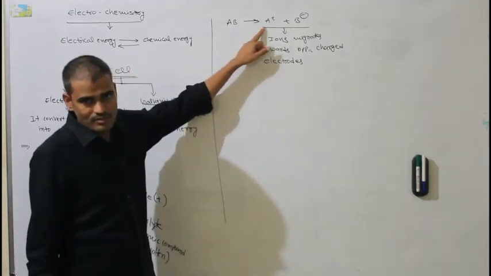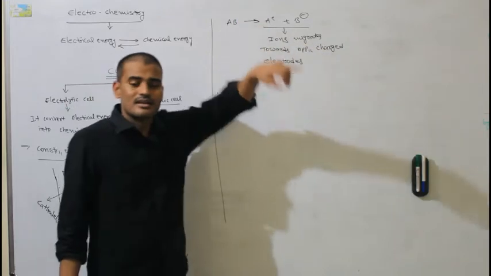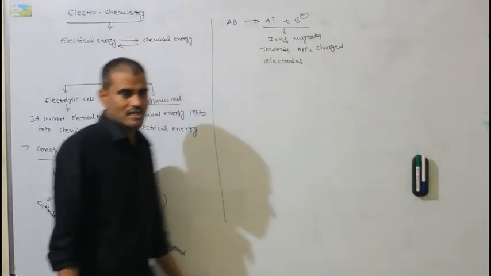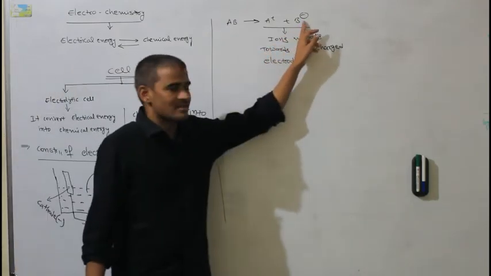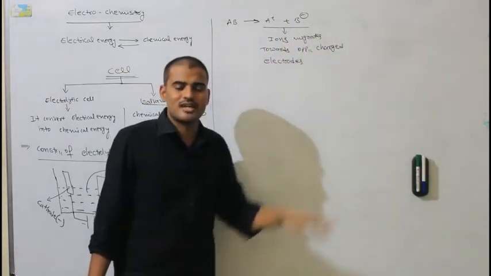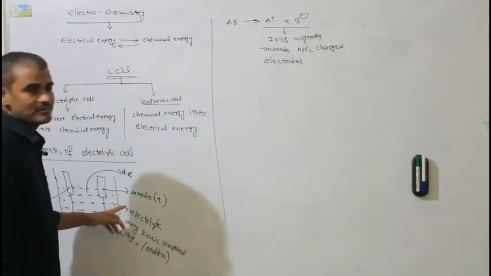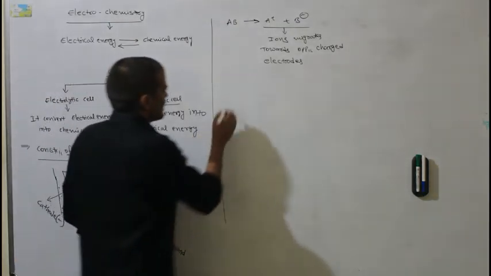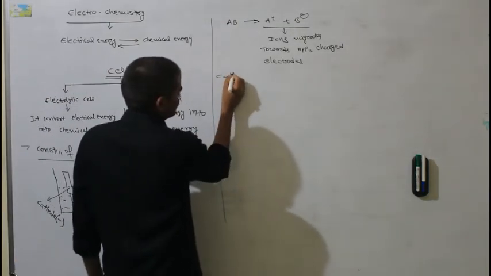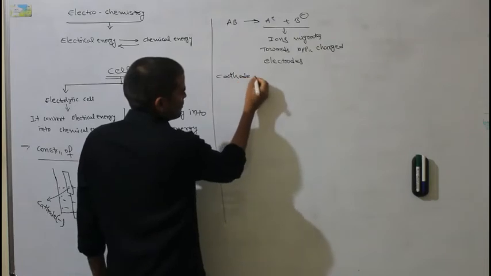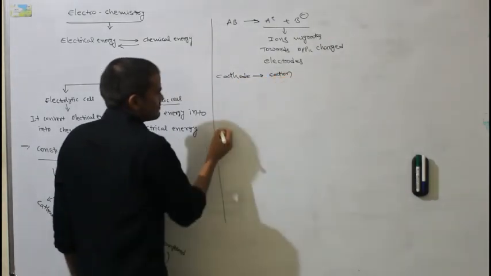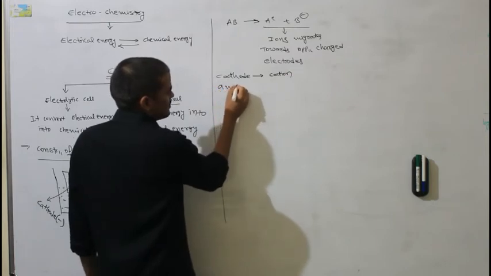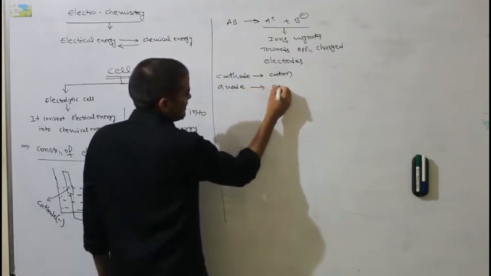The cation charge is positive, so it will migrate towards the negatively charged electrode, that is the cathode. The anion charge is negative, so it will migrate towards the oppositely charged electrode, that is the anode. So at the cathode electrode, you will have cations, and at the anode electrode, we will have anions.